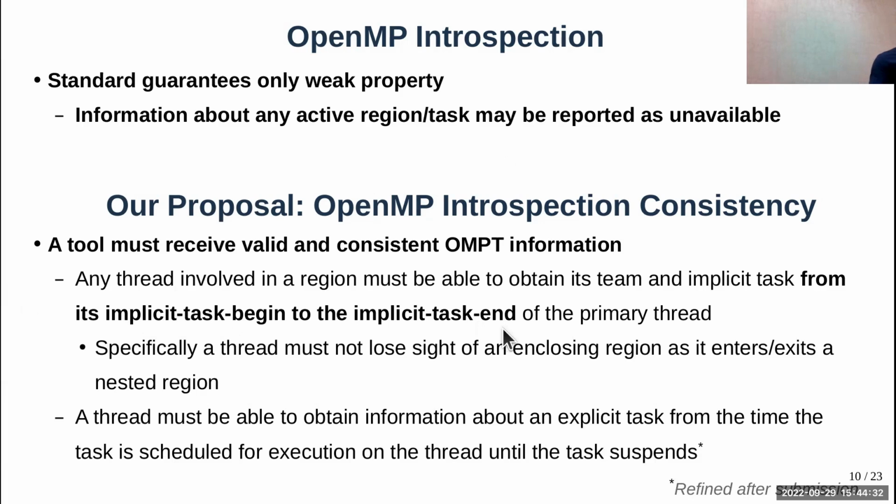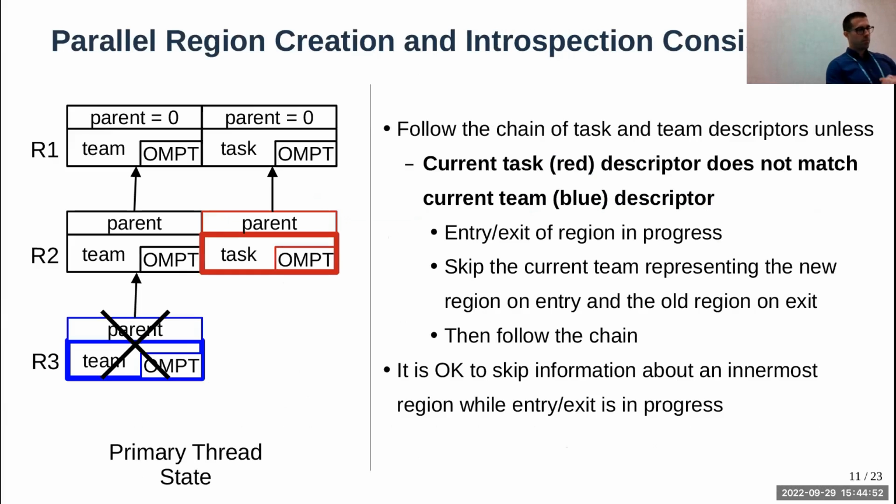What this basically means is that it guarantees that information about the enclosing region will be available while a thread is entering or exiting the nested region. And also, a thread must be able to obtain information about an explicit task from the time the task is scheduled for execution on that thread until the task suspends.